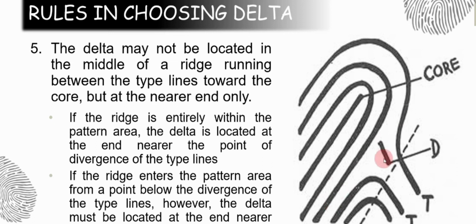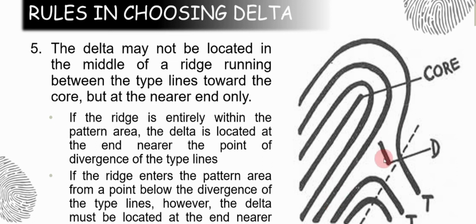So if we have an ending ridge or short ridge at the point of divergence, that ridge should be the same as the type line, which, as you can see in the example, runs straight. In the general rule, we choose the end, not the center, either the top end or the bottom end.